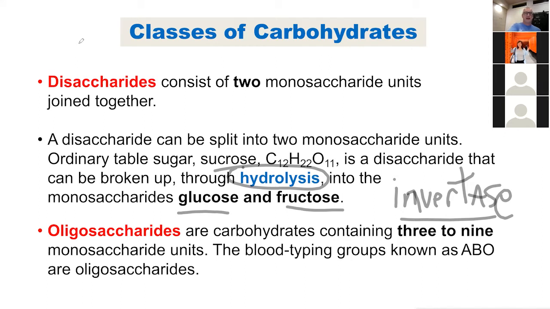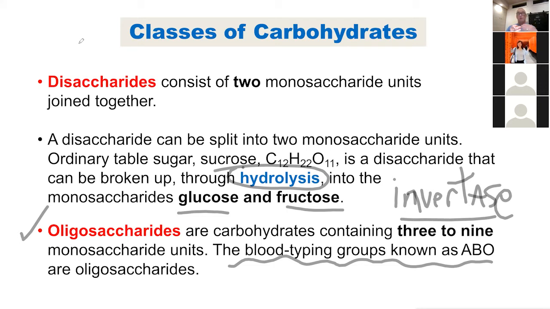So that's a disaccharide. And then oligosaccharides contain 3 to 9 monosaccharide units stuck together. And we'll talk about those at the end of our lesson today, because it's really interesting. All the blood typing groups, known as type A, type B, type AB, type O, they're all based on oligosaccharides.